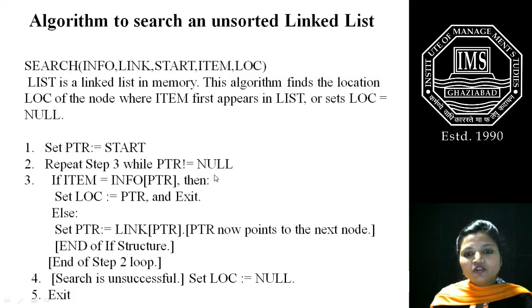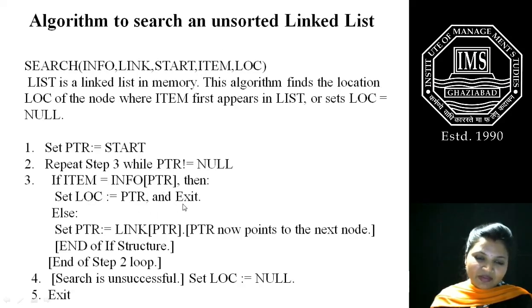Means when PTR is not equal to null, if item, the value you want to search, is equal to the value present at the address PTR, then we will set the address to the location and we will exit. Means we have found the value, our search is complete, so we will come out of this loop. Else we will set the pointer to the address of the next node. Pointer is equal to link PTR.